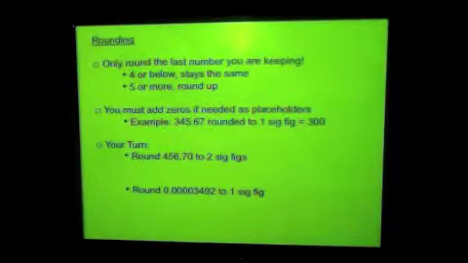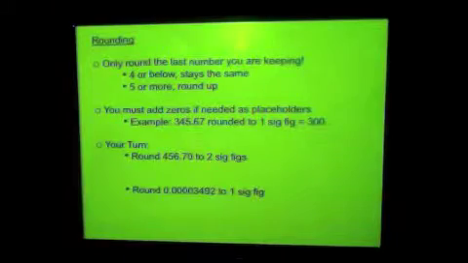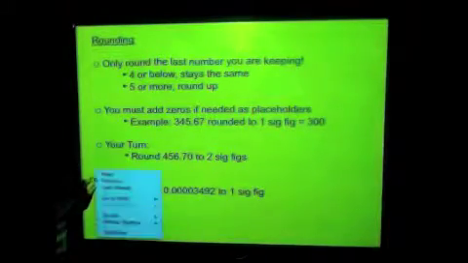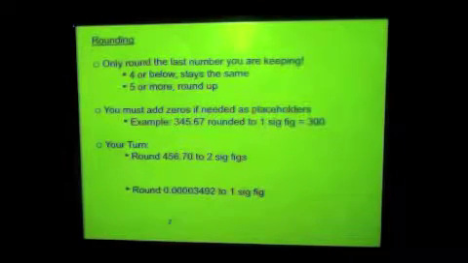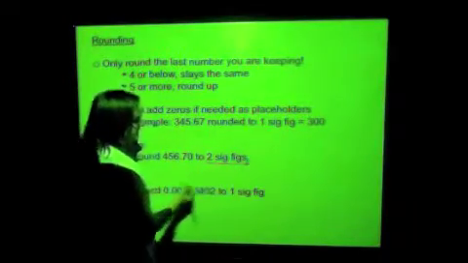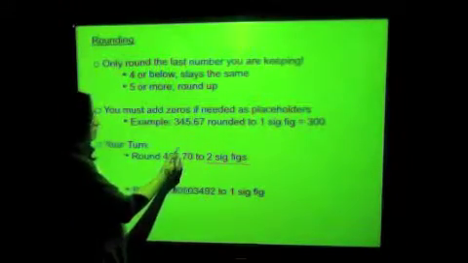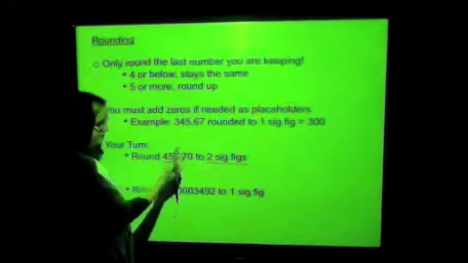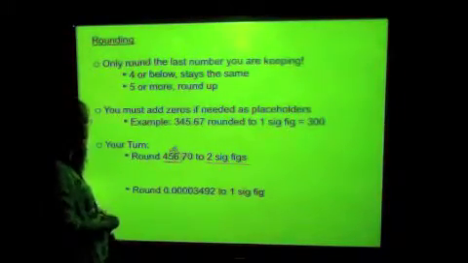So you're going to round 456.70 to 2 sig figs, and then round this number to only 1 sig fig. Okay, so 456.70. When we're saying 2 sig figs, it means you're going to keep the first 2 sig figs that you have. Then you always look at the number that's after it to see if it's going to round that 5 up or not. So is 6 going to round the 5?